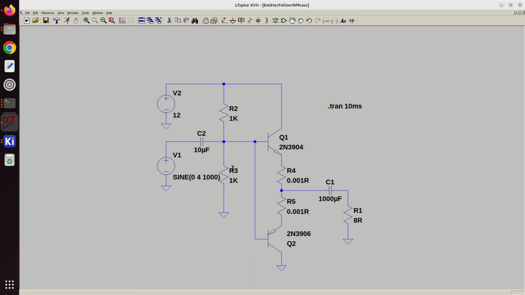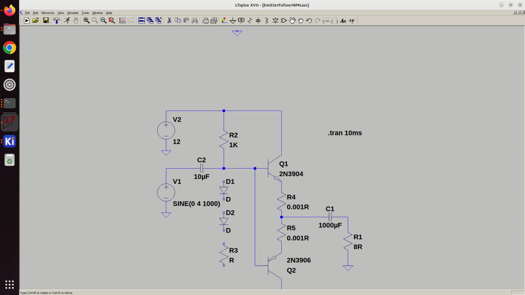So what I'm going to do here, instead of this, I'm going to get rid of this resistor. Get rid of all of these, and then we put in a diode, then a second diode, and do another resistor, and then we'll add a ground.